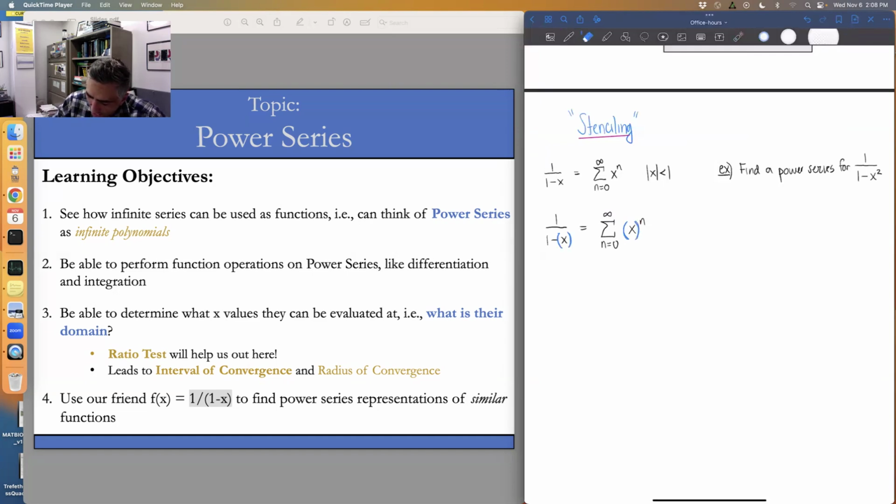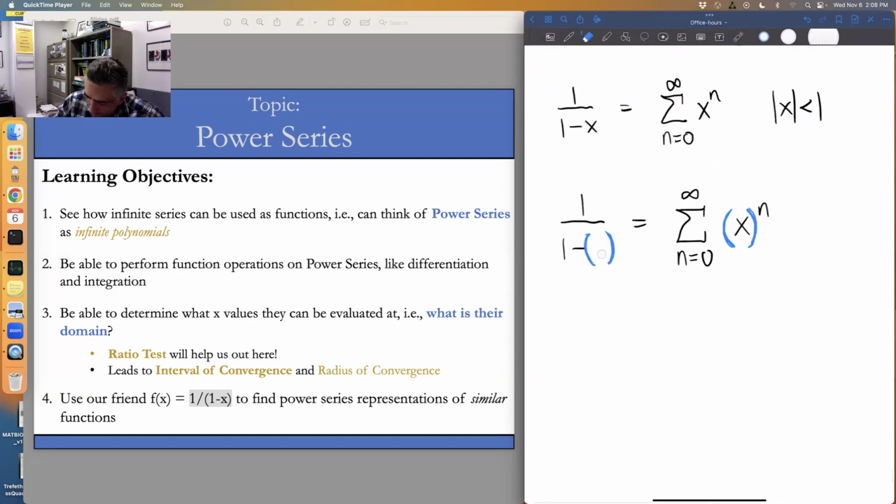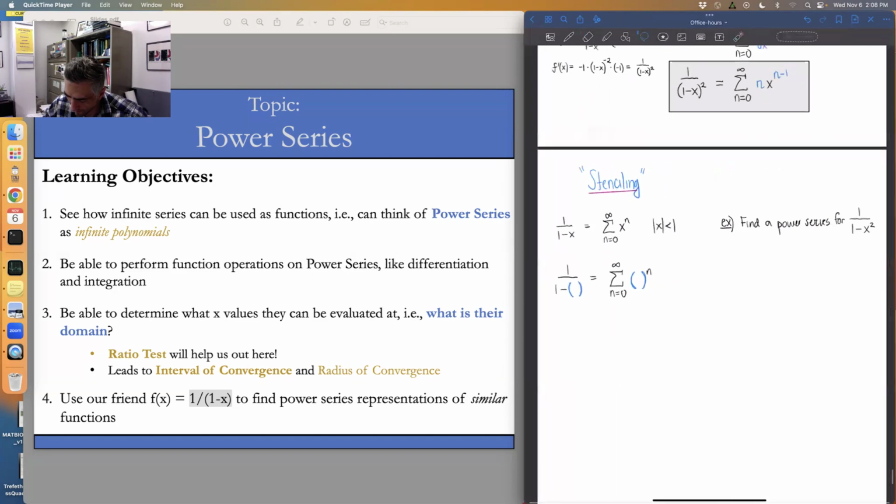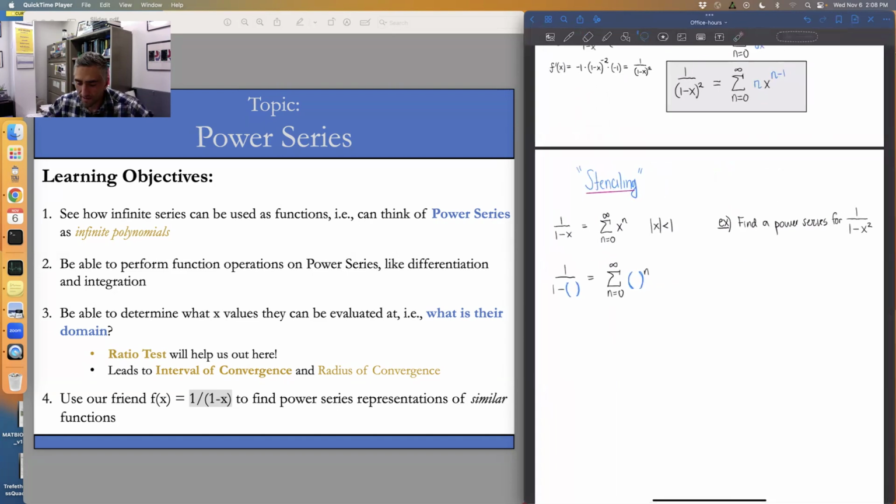Next, inside of those parentheses, I'm going to get rid of those x's. The idea being, whatever I put inside the parentheses in the function side, I'm going to put over in the parentheses on the right-hand side as well. So this is what I mean by a stencil.